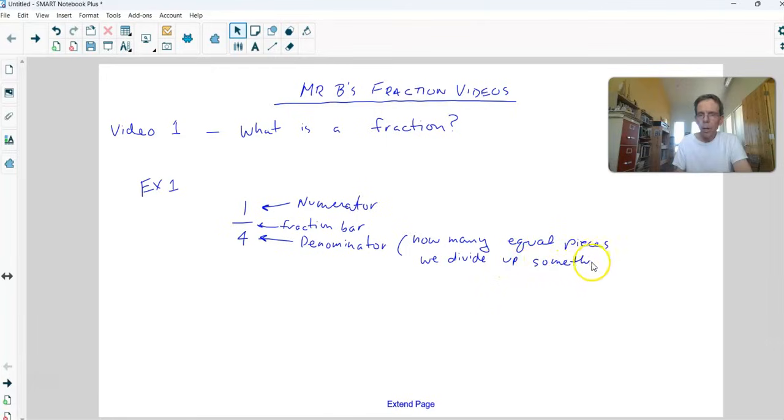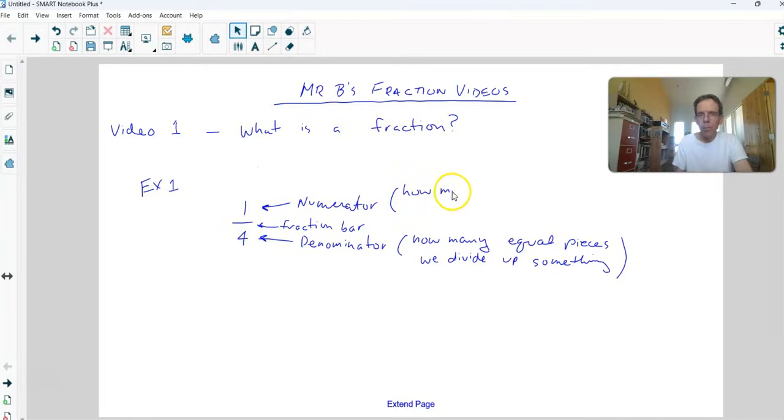All right, so what's the numerator? The numerator is how many of those pieces we want. So you divided up this whole thing into 4 pieces, and we want one of them. We want 1/4 of the whole thing.